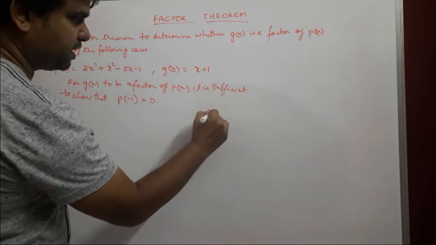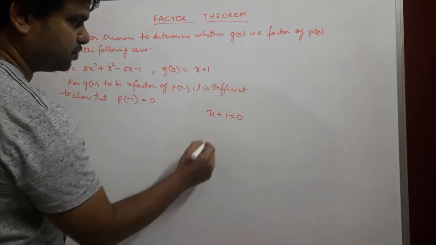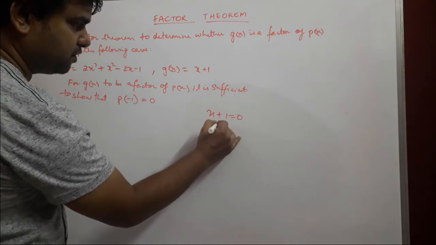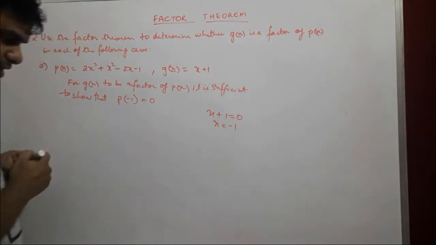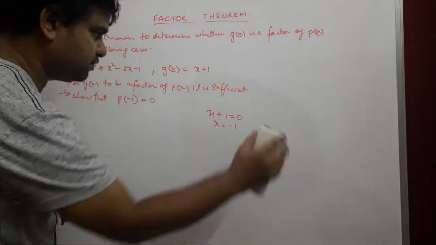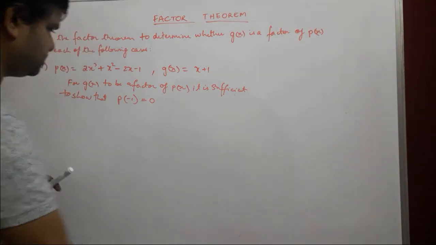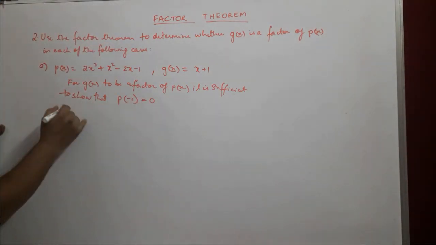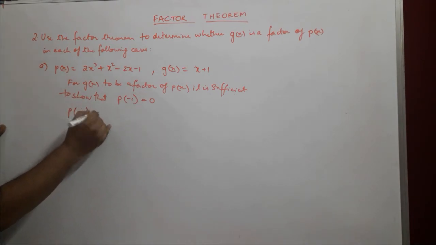So when x plus 1 equals 0, that means g of x equals 0, we get x equal to minus 1, just like in the previous case. So we need to find p of minus 1. What is the value of that polynomial at x equal to minus 1?